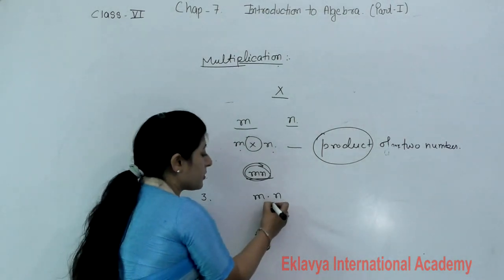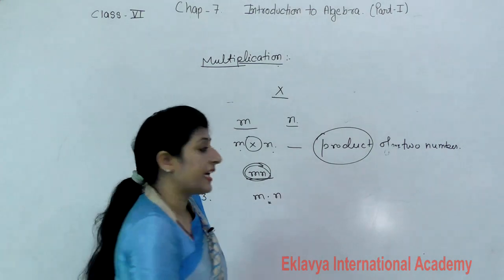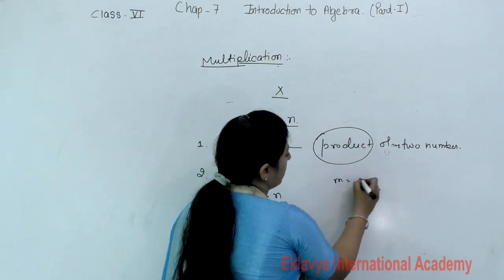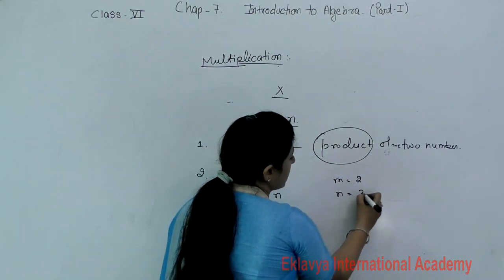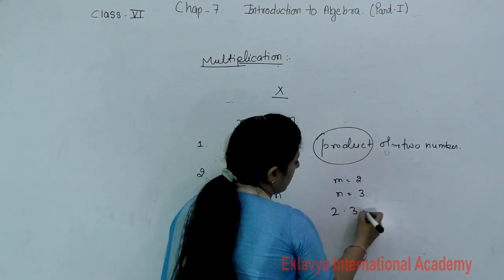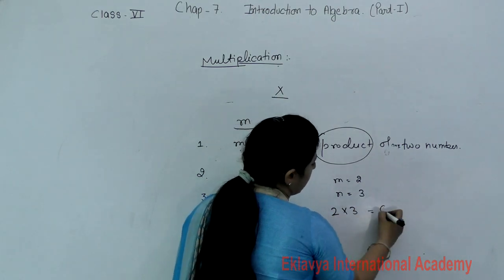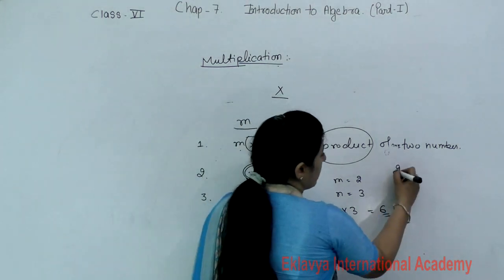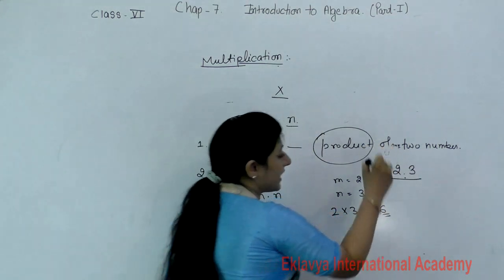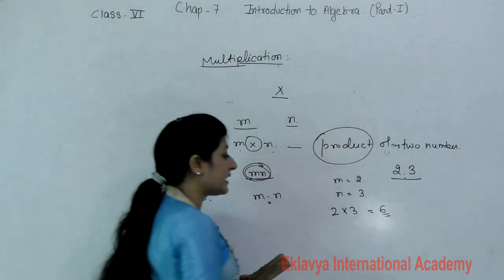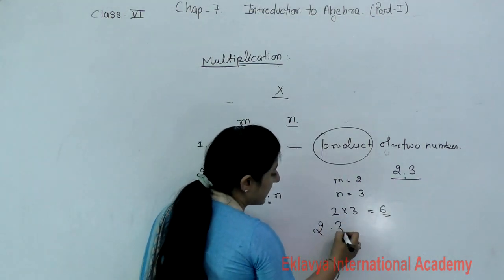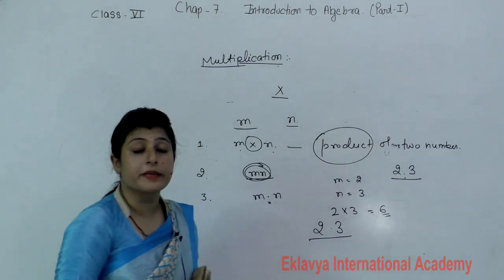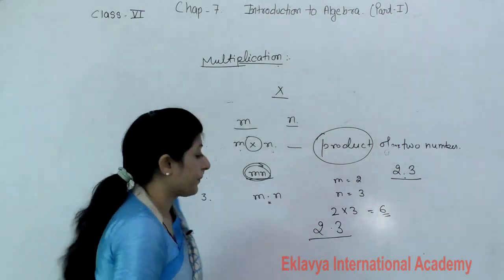If I write down m dot n, suppose m value is 2, n value is 3, then it becomes 2 dot 3 means 2 multiply by 3, 2 3 is 6. Don't try to compare with the decimal. This is decimal, but when you put like this, then it becomes dot means multiplication.